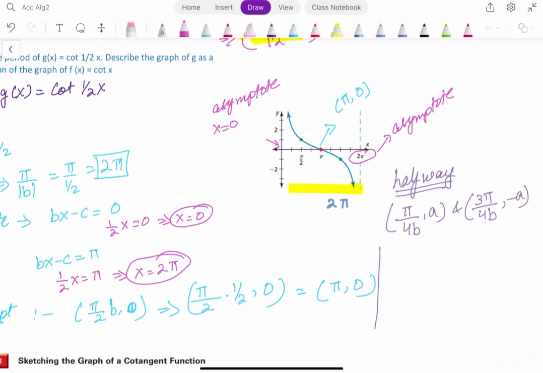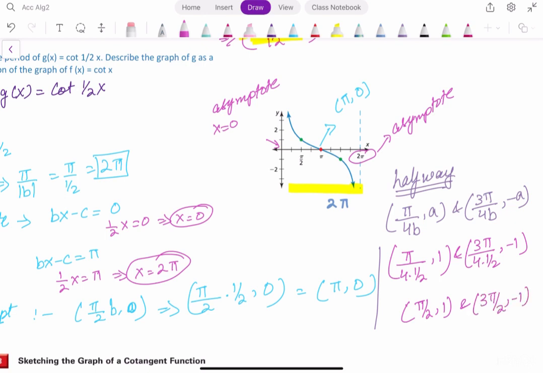So if we calculate this, we will get pi over 4 times 1/2 comma 1 and 3 pi over 4 times 1/2 comma negative 1. So this will give you pi over 2 comma 1 and 3 pi over 2 comma negative 1.